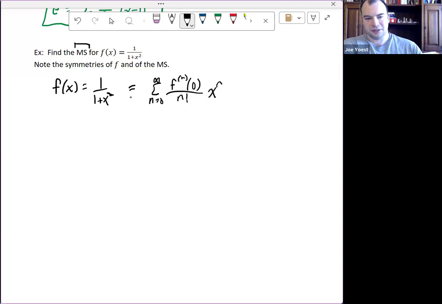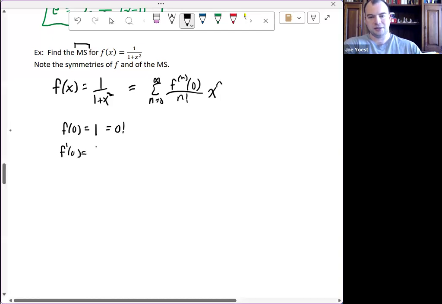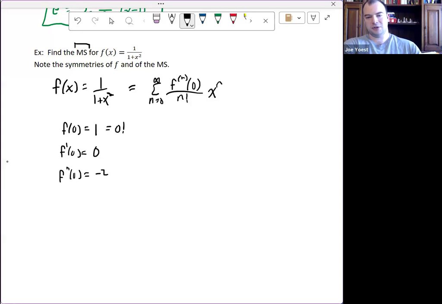And what we find is that f of 0 is 1, or 0 factorial. We find that f prime of 0, looking just off of my notes here, is 0. F double prime of 0 is -2, or we could think of that as -2 factorial. Not -2 all factorial, but negative of 2 factorial, to be clear.